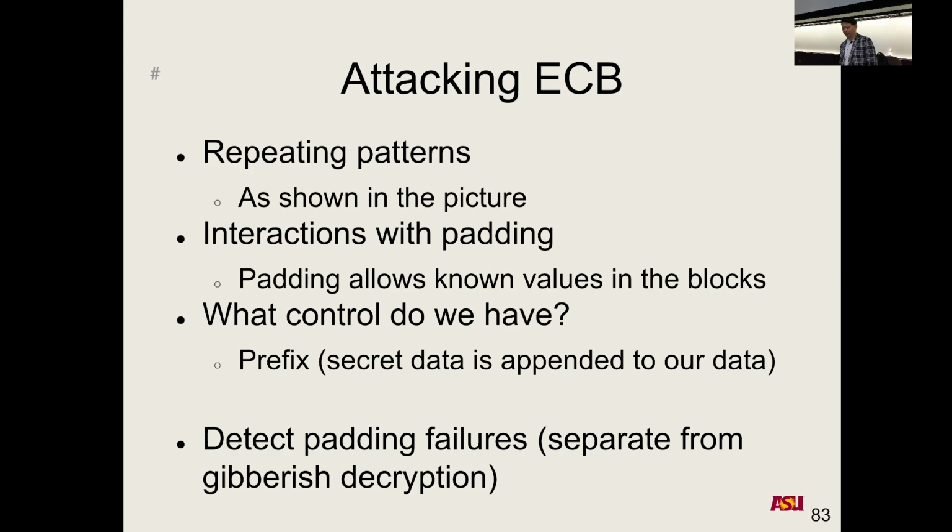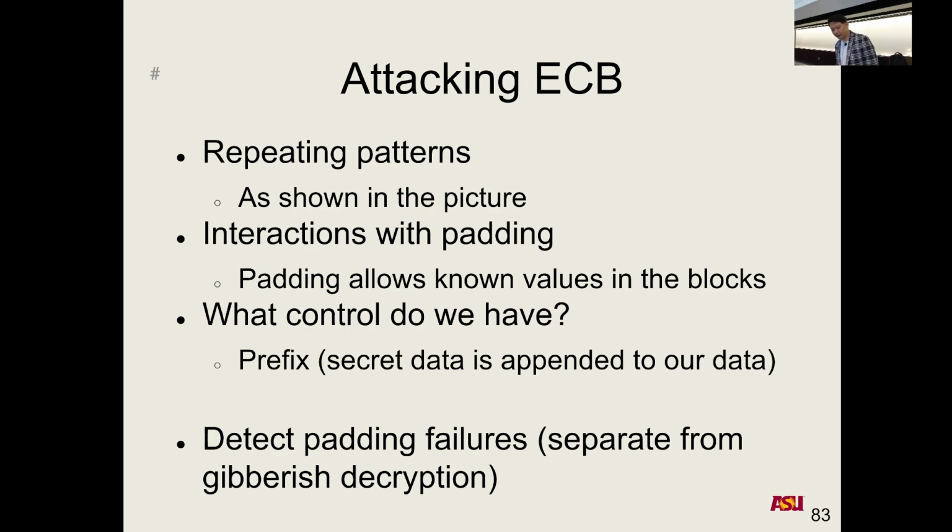As we see, ECB mode has specific patterns based on the same input and output, right? So we can inject some repeating pattern into the plain text, and the pattern can be generated in the ciphertext. By doing that, we can reveal the plain text or some keys about the plain text. Okay, so that's the first way, the repeating pattern identification.